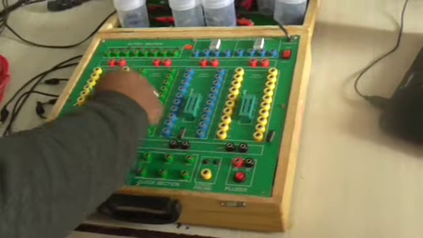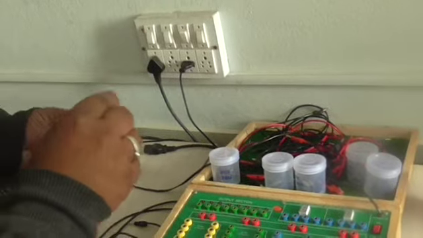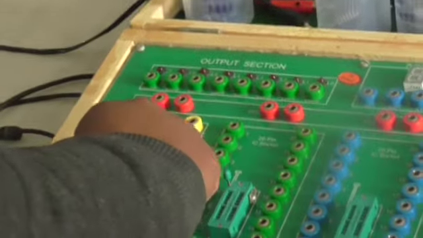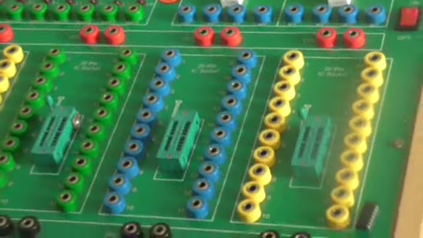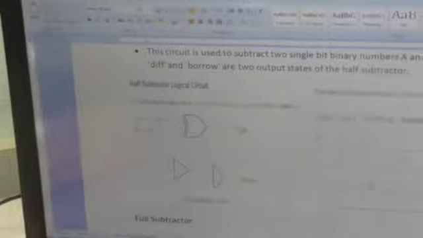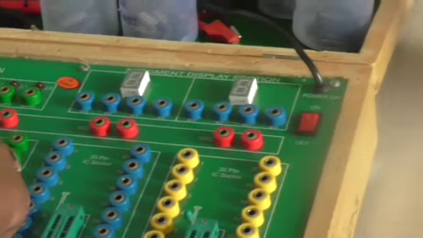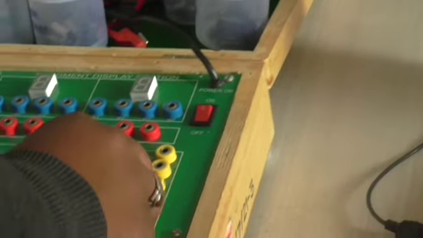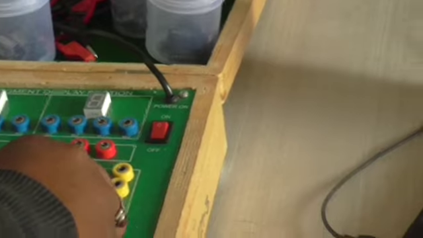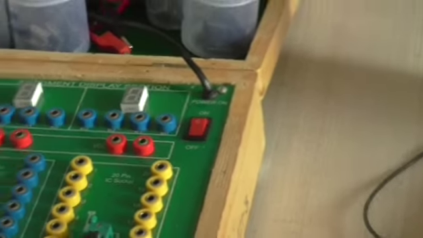The first is the XOR gate, which is connected over here. Second is the NOT gate, which is connected. And third is the AND gate, which is connected here.